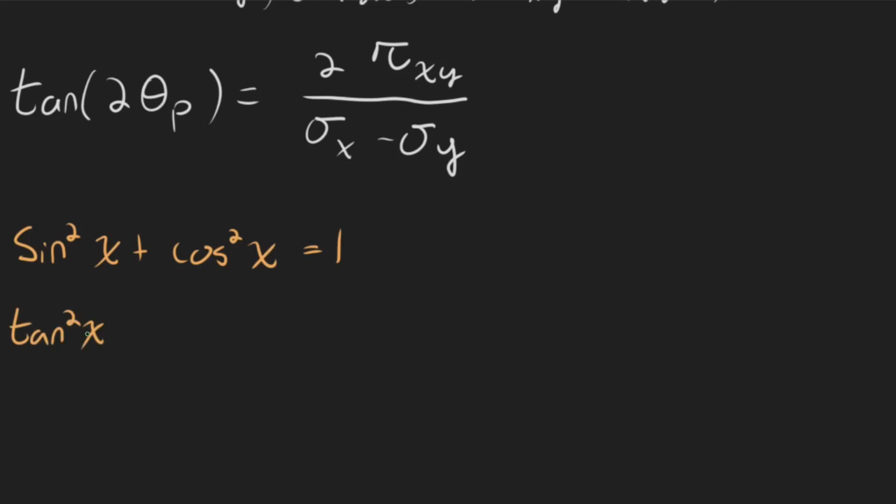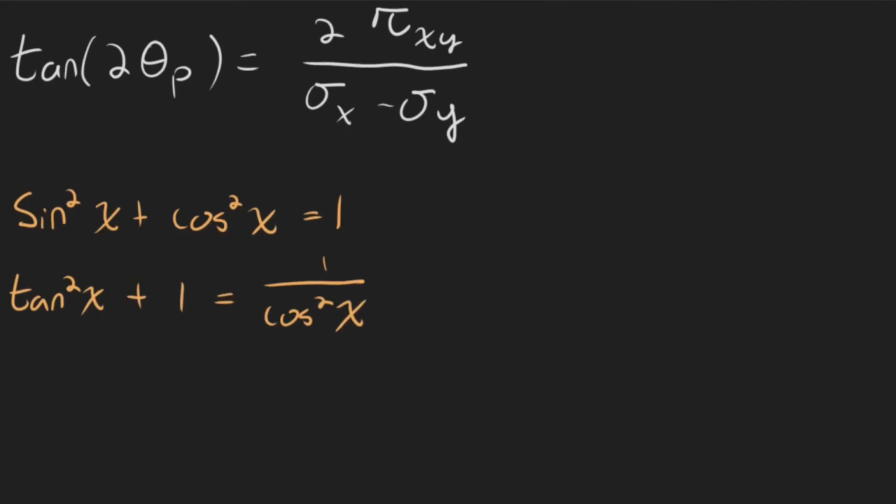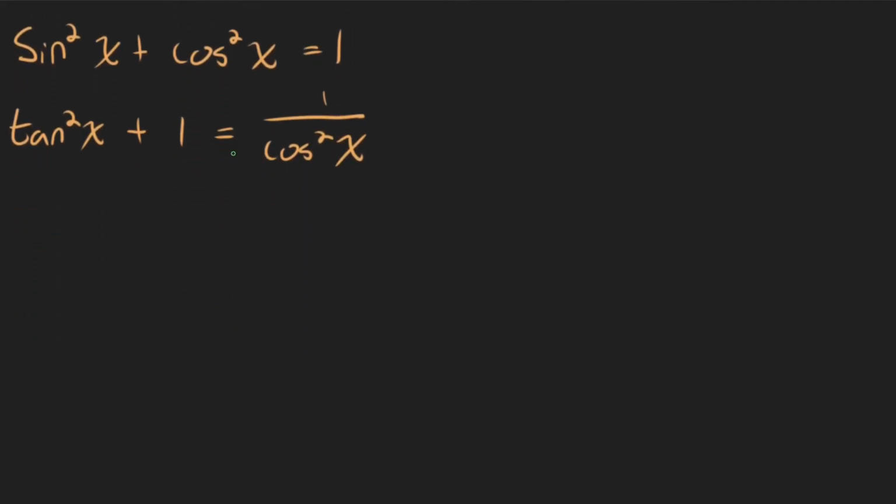If you divide everything through by a cosine squared, the tangent squared of x plus 1 has to equal 1 over cosine squared of x. Now if we invert both sides, cosine squared of x equals 1 over 1 plus the tangent squared of x.